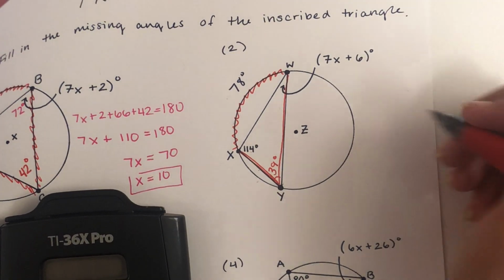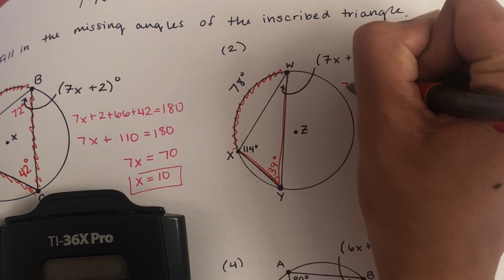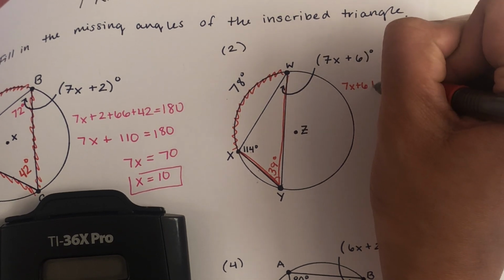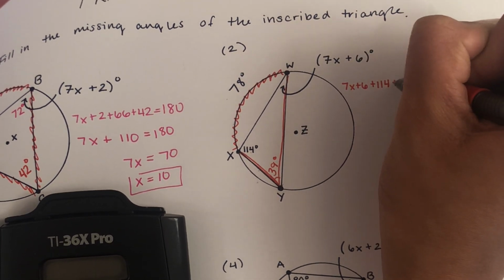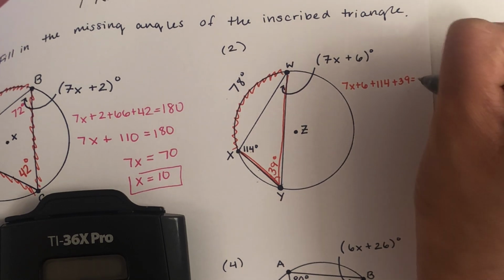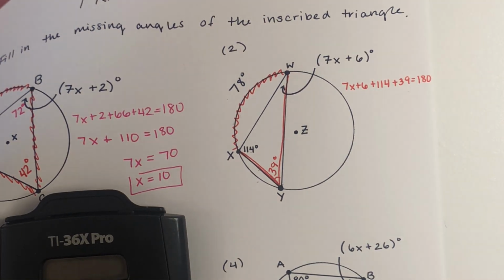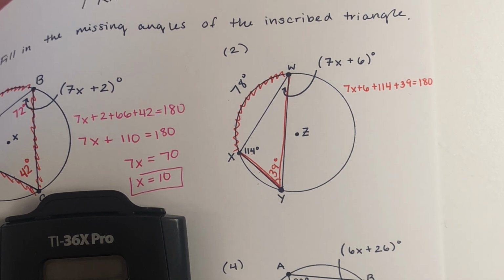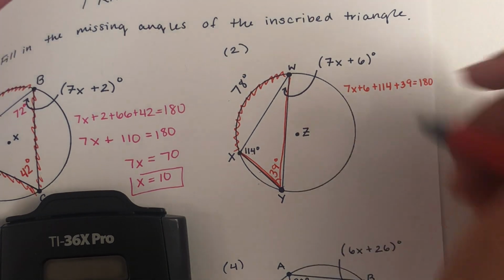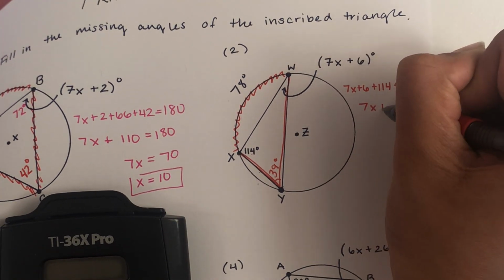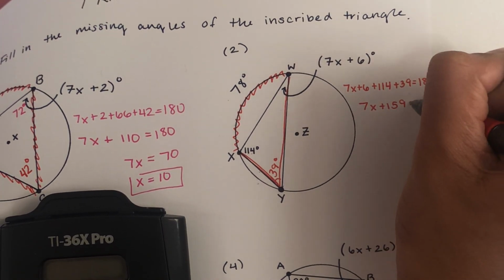The same thing I did in the last problem. 7x plus 6 plus 114 plus 39 equals 180. You have to combine your 6, your 114, and your 39. And you end up with 7x plus 159 equals 180.